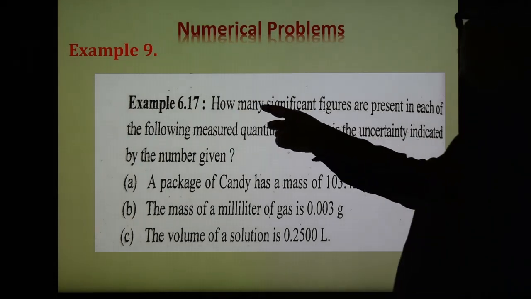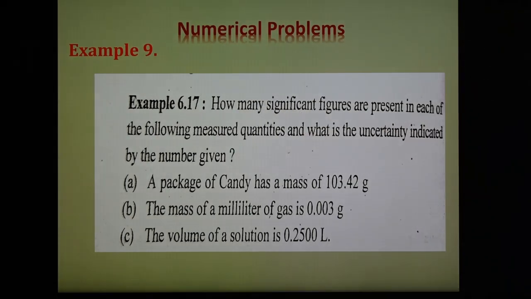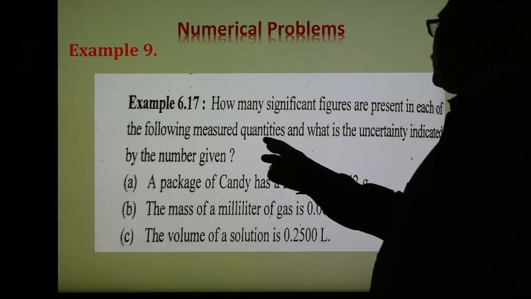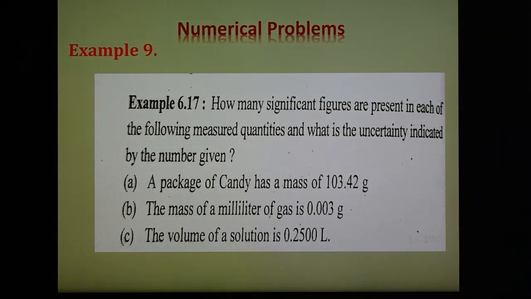Now another example: how many significant figures are present in each of the following measured quantities, and what is the uncertainty indicated by the number given. First, a package of candy has a mass of 103.42. Second, the mass of a milliliter of gas is 0.003 gram.